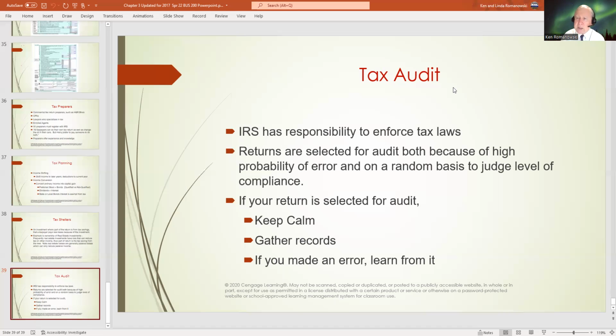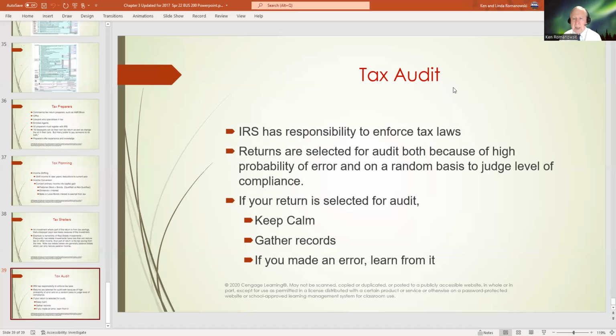Show me the tax form that the charity provided to you, saying that you provided this amount of charitable deduction to that charity. If you don't have that, they're going to reject your tax return and they're going to make an adjustment. And if it's a big enough adjustment, you're going to wind up paying taxes instead of getting a refund. And you don't want that to happen.